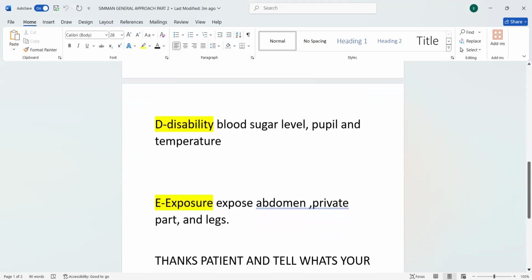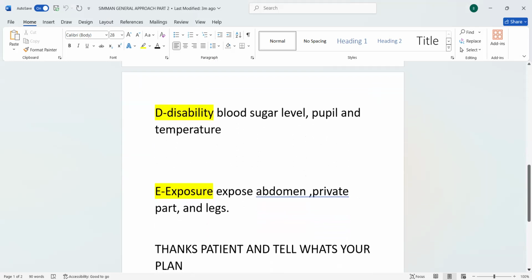The exposure part is the last part of the A to E assessment. In exposure, after disability, after checking temperature and managing up to disability, you will say, Mr. Robert, now I'm going to uncover your tummy. Just look at the tummy and slightly palpate it for any pain or something like that.